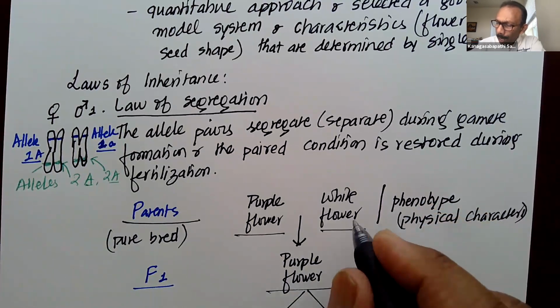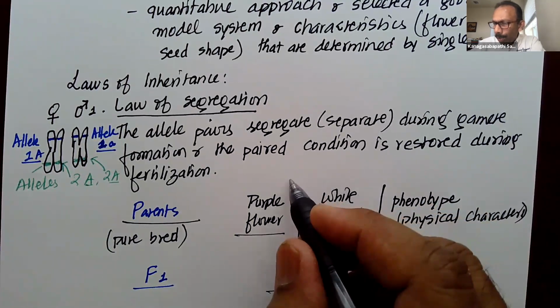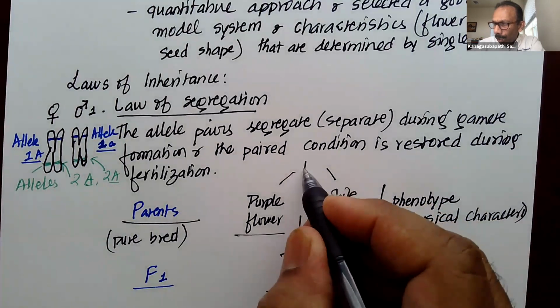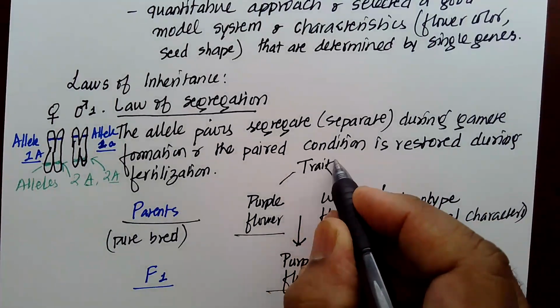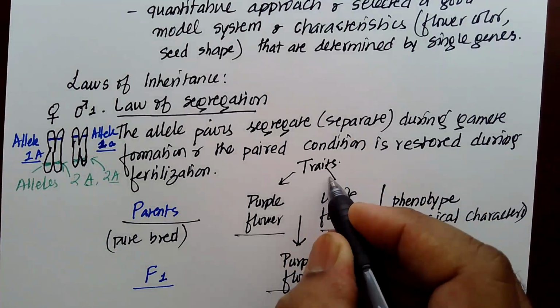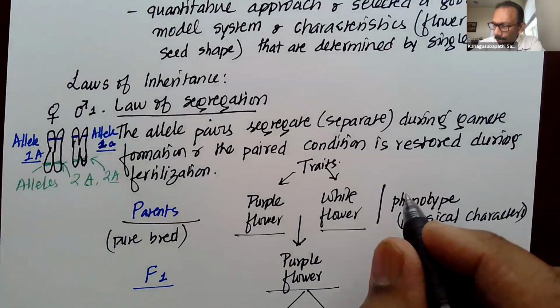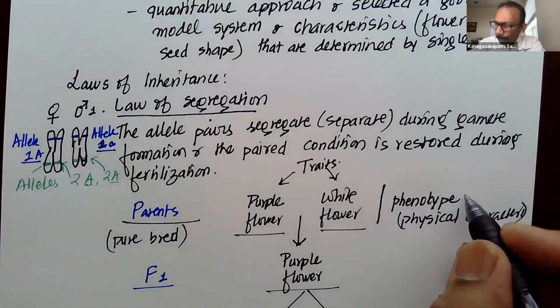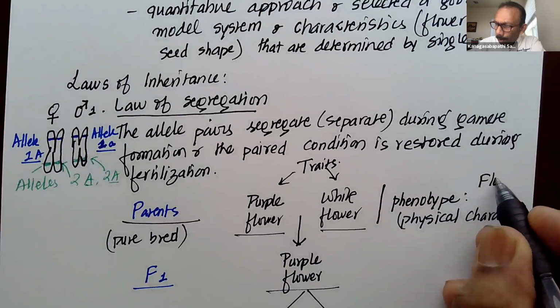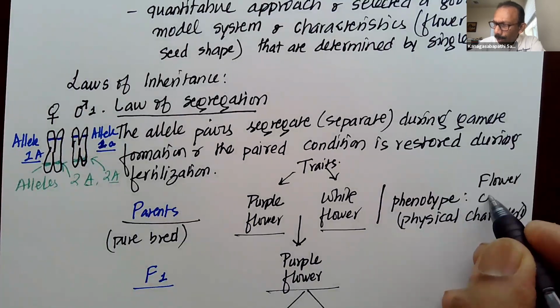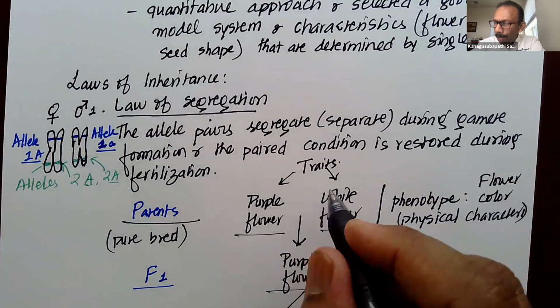And the white color and purple, these are individual traits. Okay. So the flower color is the phenotype they are going after, and a specific color becomes the traits.